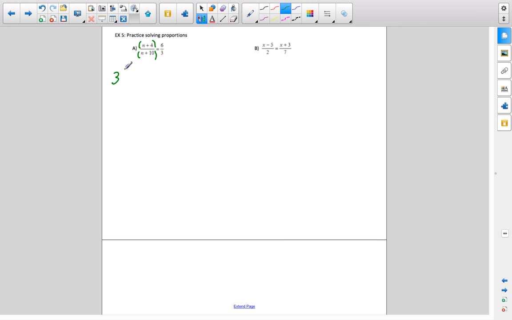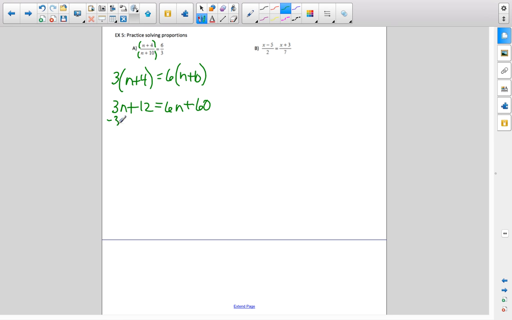So I'm going to write it out. 3 times n plus 4 equals 6 times n plus 10. Remembering to cross before you multiply. Okay? Don't forget to distribute by both terms inside the parentheses. 3 times n plus 3 times 4 equals 6 times n plus 6 times 10.